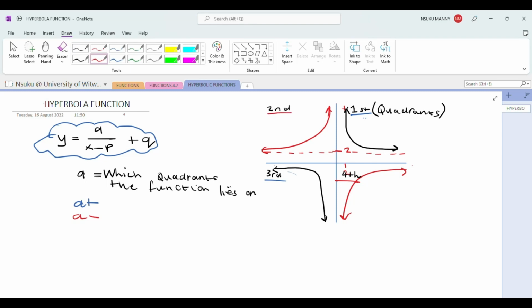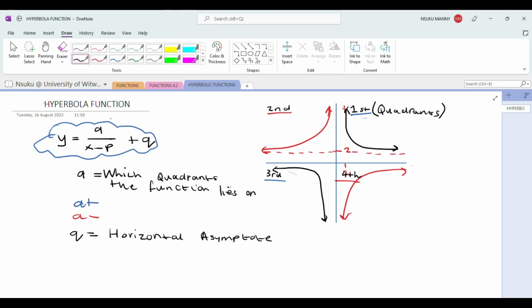So basically A tells us which quadrants our graph, or the function, lies on, whereas the value of Q is our horizontal asymptote. For those that don't know what an asymptote is, it is a point on the graph where the function cannot touch.